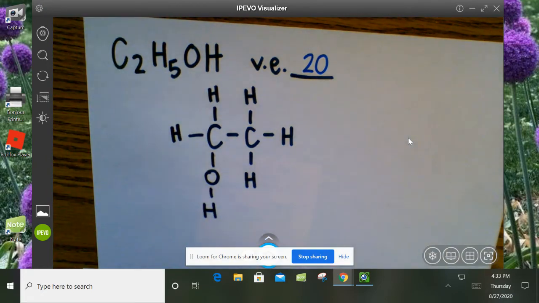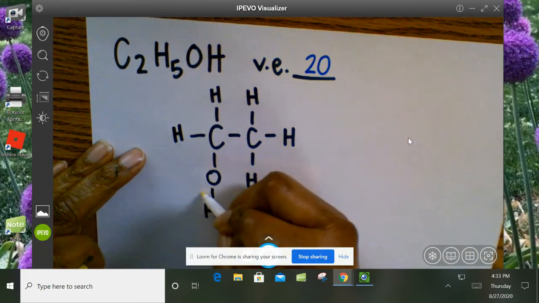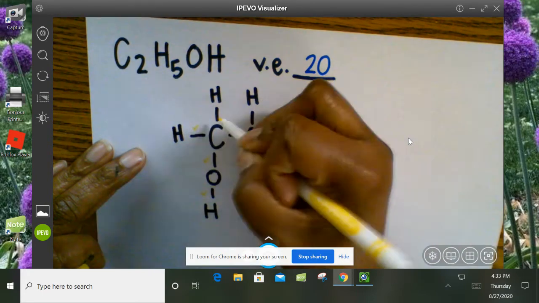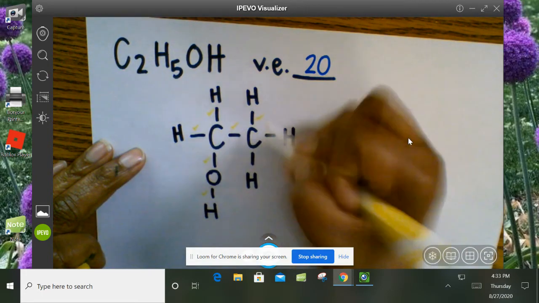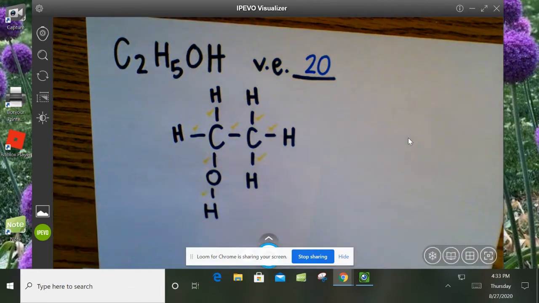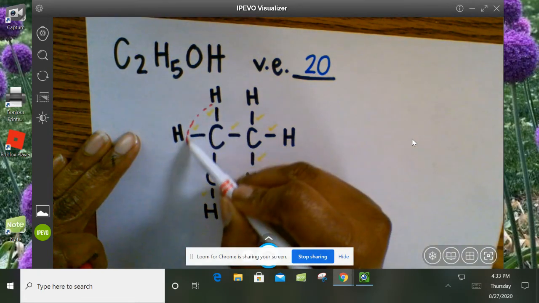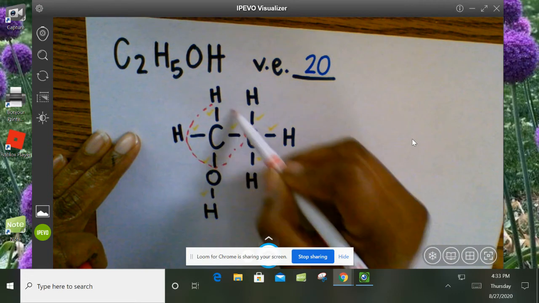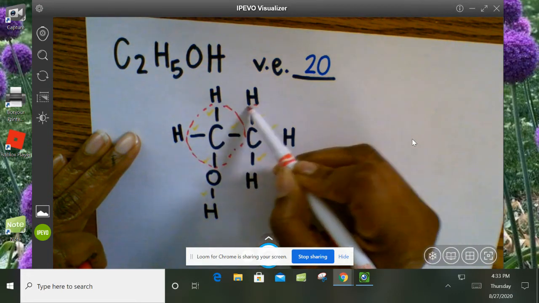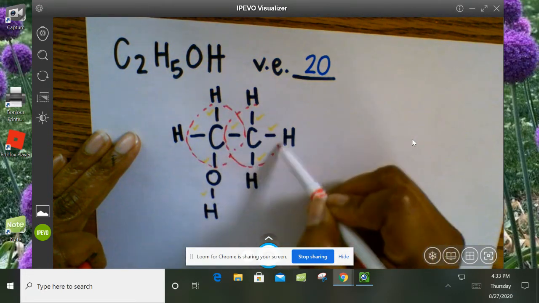When I look at that, I ask how many electrons have I used? So I've used 2, 4, 6, 8, 10, 12, 14, 16. I've used 16 of my 20, and it starts getting kind of busy. Let me look around this carbon. I have 4 around this carbon.